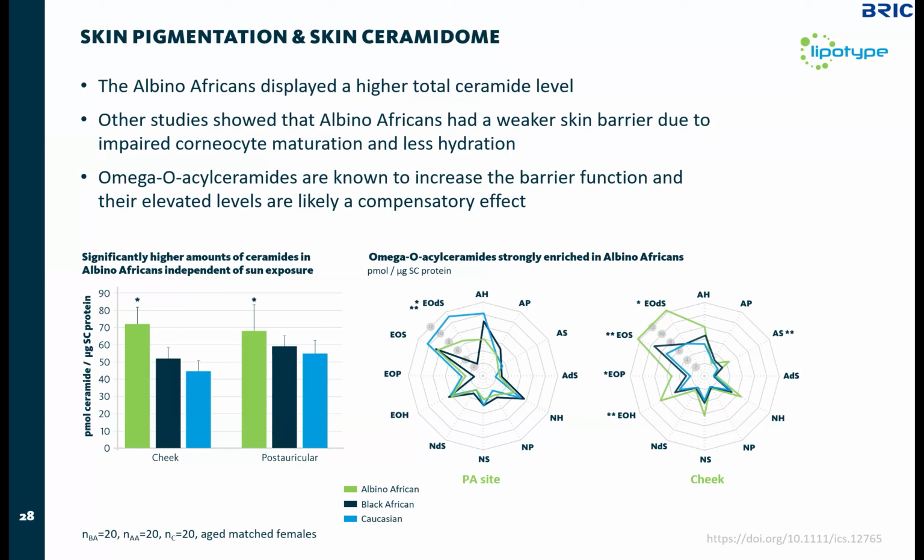It correlates quite well with other studies that have shown that albino Africans frequently have problems with skin barrier due to impaired corneocyte maturation, and there are also enzymatic peculiarities in ceramide processing enzymes in this population.